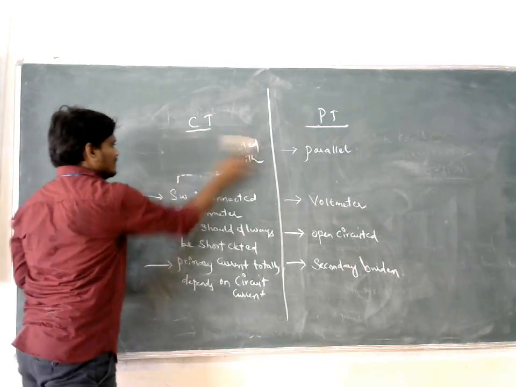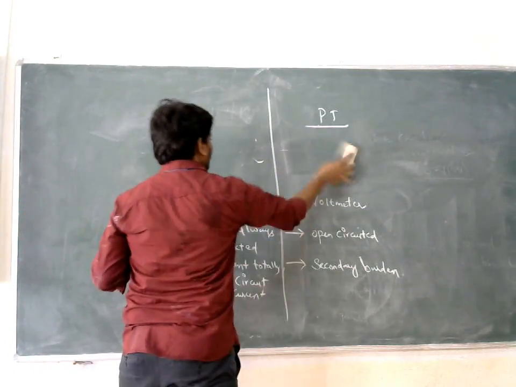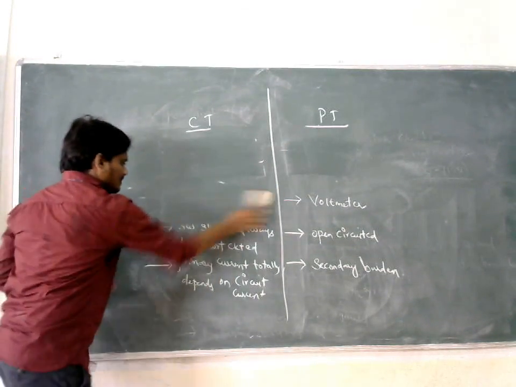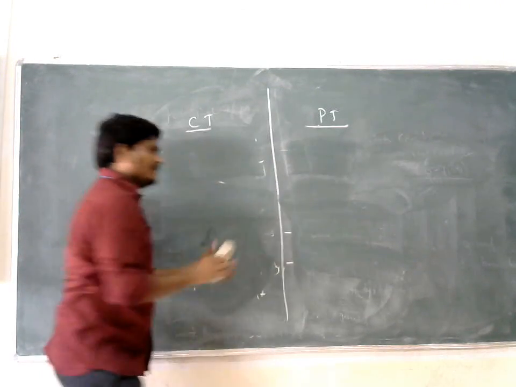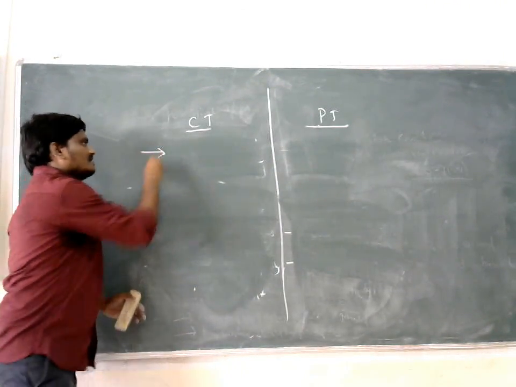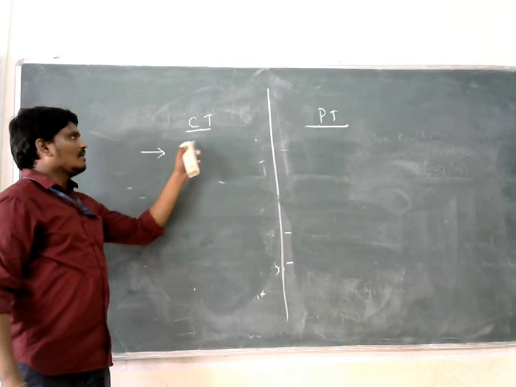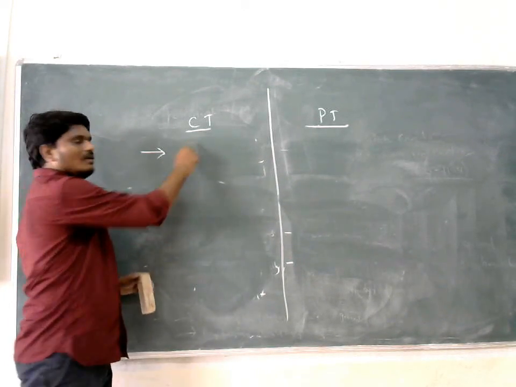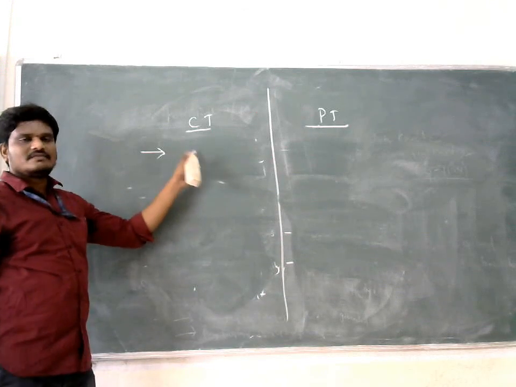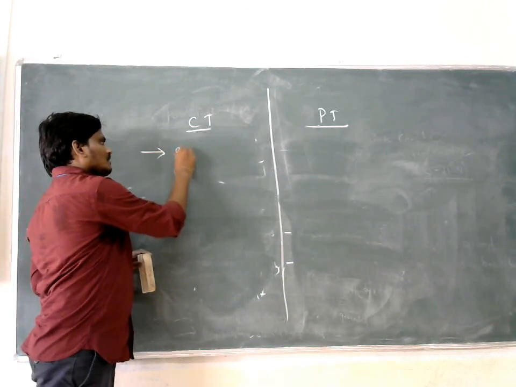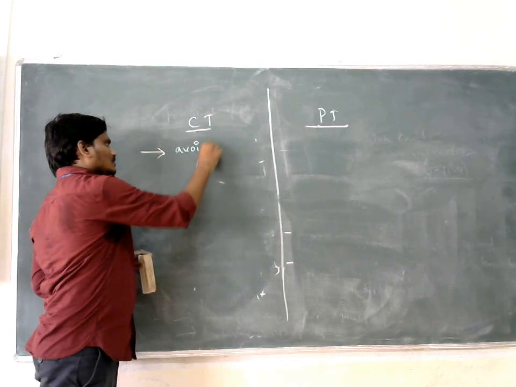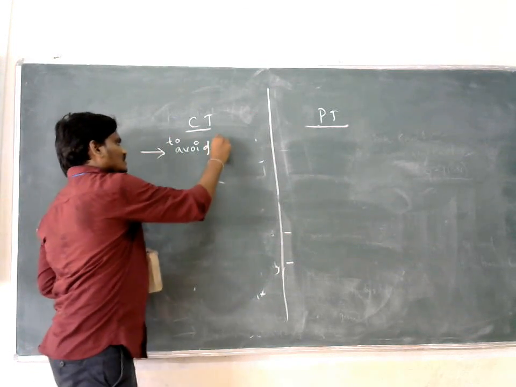Now we will go with the next point regarding the CT and PT. Next difference regarding the CT and PT: necessity of grounding of the secondary terminal. Grounding of any one terminal of the secondary winding is made for the purpose of avoiding insulation breakdown.